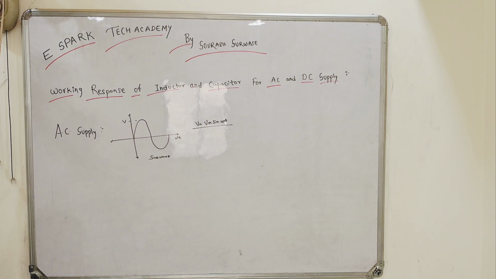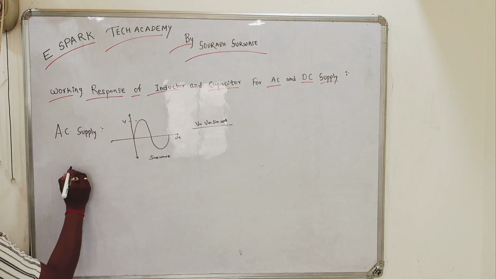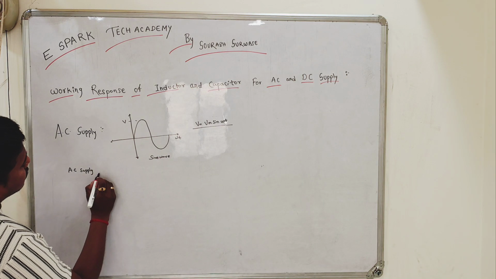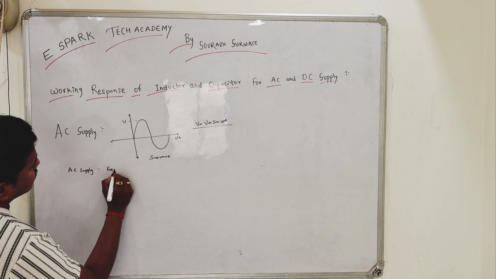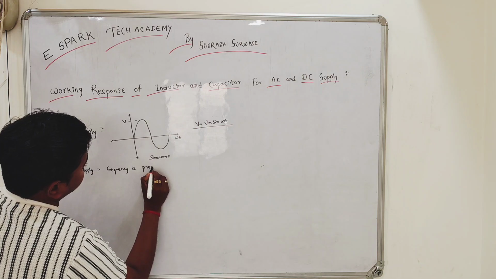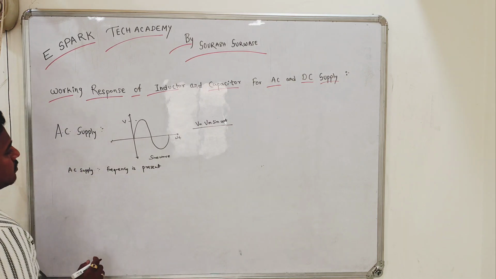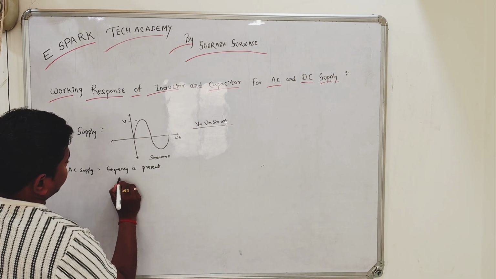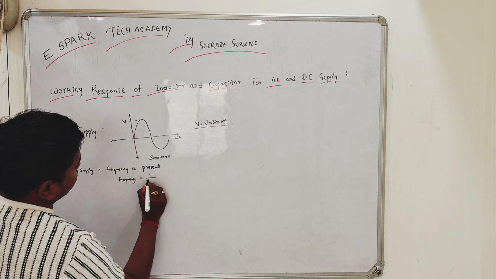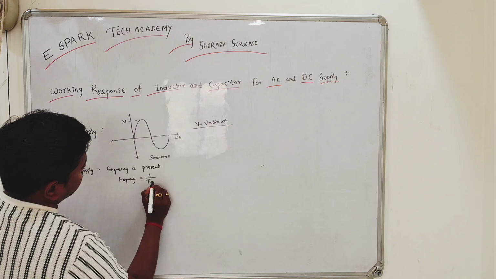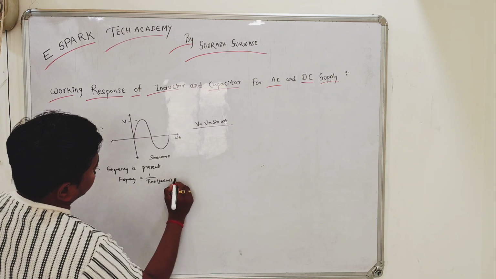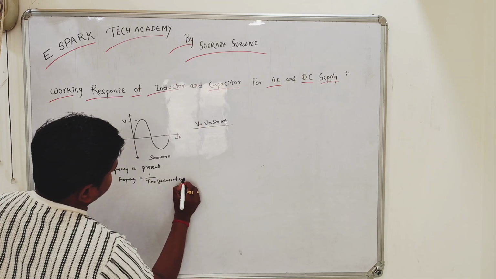Now in this case, as AC supply is there, frequency is present. Frequency is nothing but 1 upon time period of the cycle, you can say.